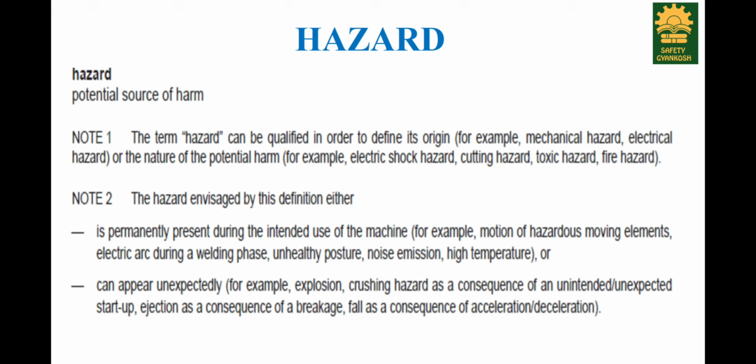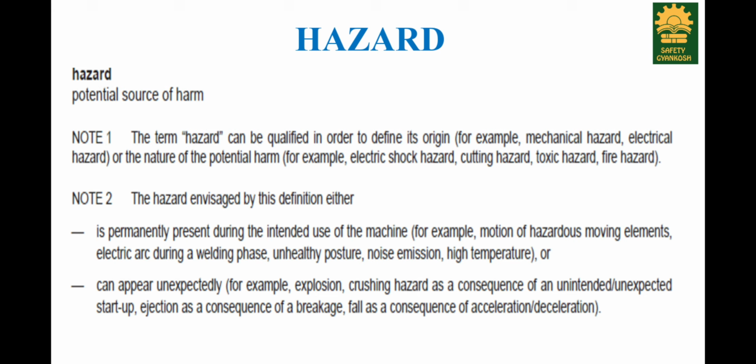See, the term hazard can be qualified to define its origin or the nature of the potential harm. Also, the hazard can be defined as either permanently present during the intended use of the machine or it can occur unexpectedly. It means hazard is always present.